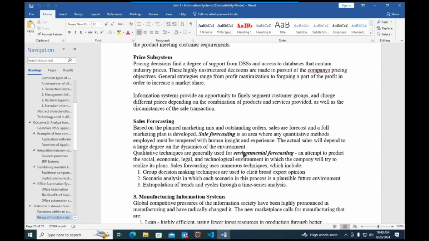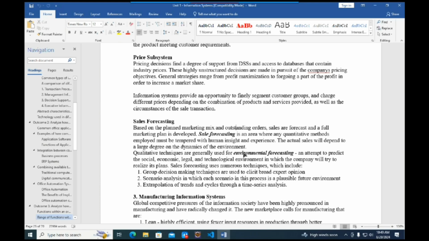The price decision is unstructured as well, because it is going to look at the company's pricing objectives, and generally some strategies need to be set to make sure that profit is maximized.